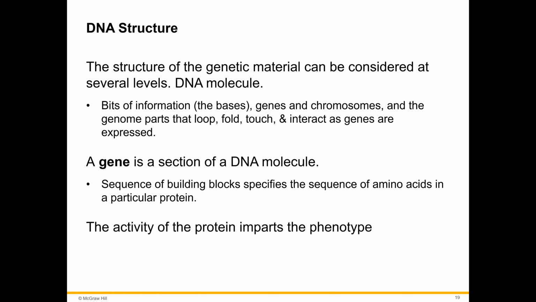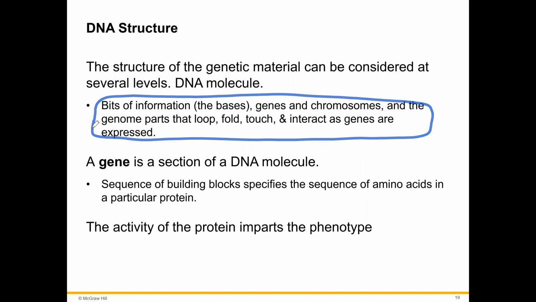So if you're looking at genetic material, you can look at bits of information that will be DNA bases. You can look at genes and chromosomes, or you can look at the genome part that loops, folds, touches, and interacts as genes are expressed. So we can look at DNA from very, very different angles.